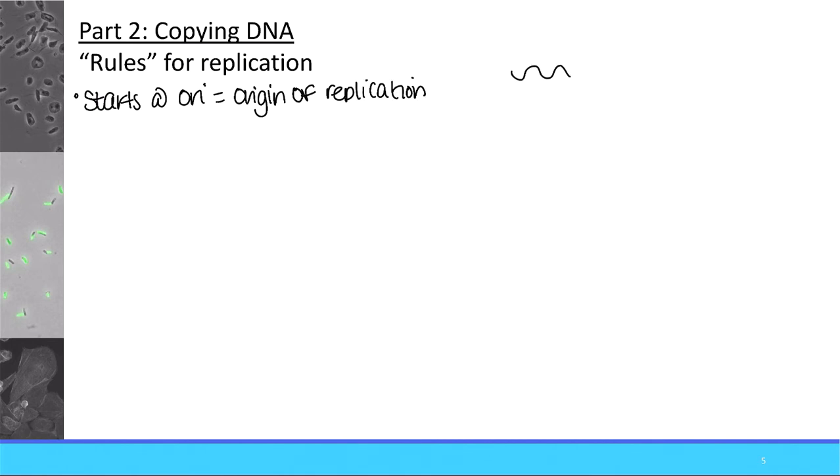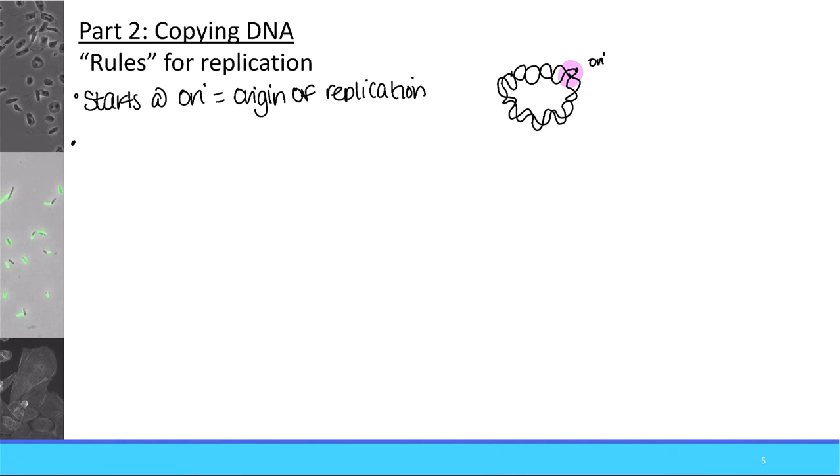If you have a bacterial chromosome, which you're going to see me struggle drawing, a double-stranded circular piece of DNA, let's make our ORI here. So here's our origin of replication. We're going to start replication there, and we're going to talk more about what this idea of ORI means in a couple of pages.